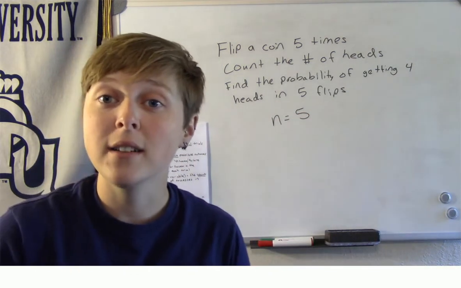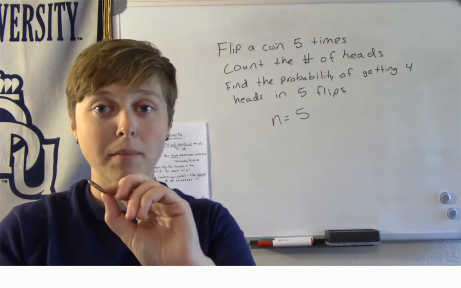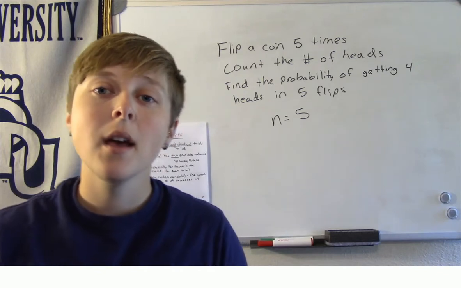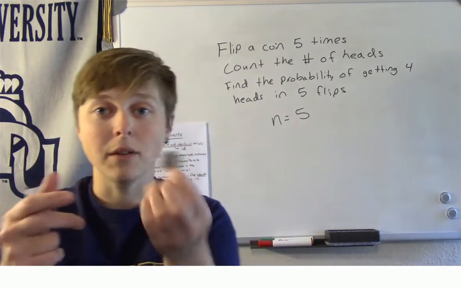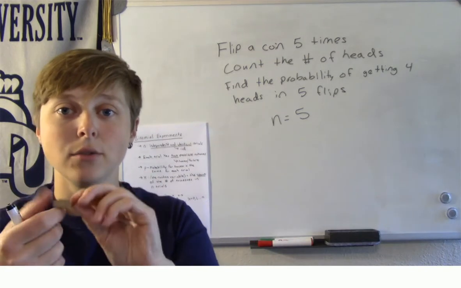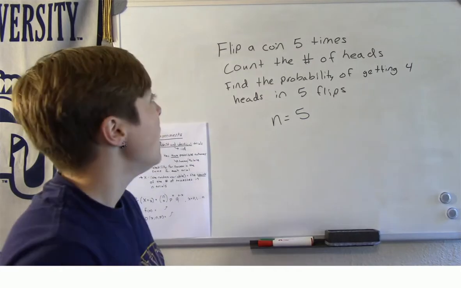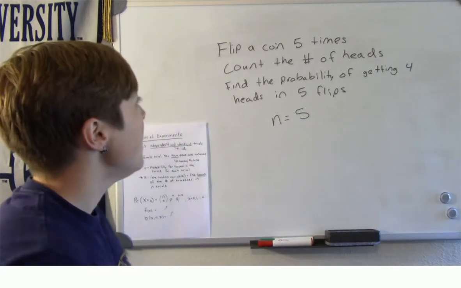Now, are these trials independent? When I flip it, what happens on one flip has no influence on what happens on the next flip. So yes, they're independent trials, and they are identical as well because it's the same coin, so I should have identical probability of outcomes each time. The first criterion of the binomial experiment is met.